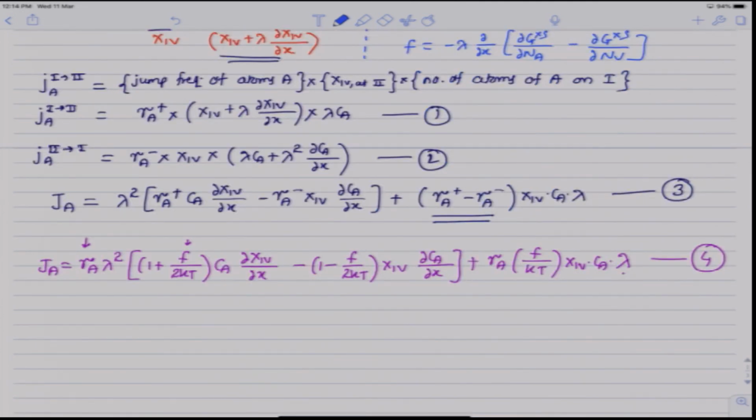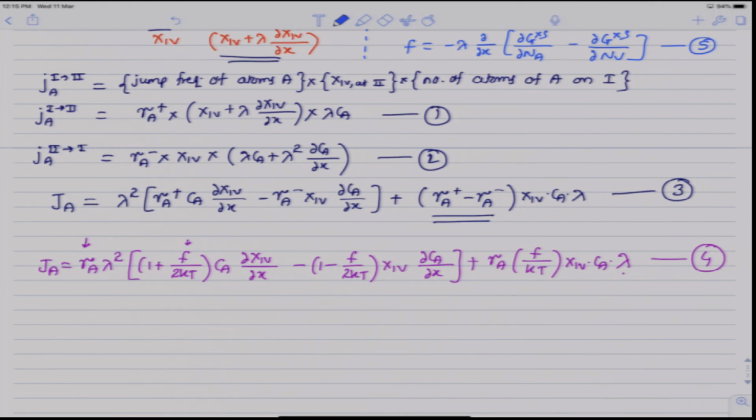Now, if we substitute for f from this equation, let us call this equation 5, into equation 4 here, it will be a long expression, but we can approximately neglect any term in lambda which is greater than lambda square.